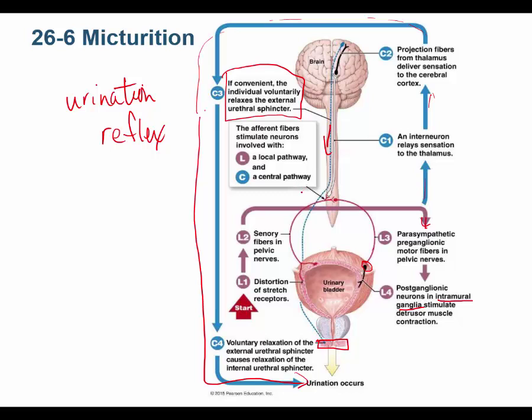So when their internal urethral sphincter relaxes, they urinate, until they have a better developed descending corticospinal tract and they can actually contract their external urethral sphincter. All right, that's the micturition reflex, or the urination reflex.